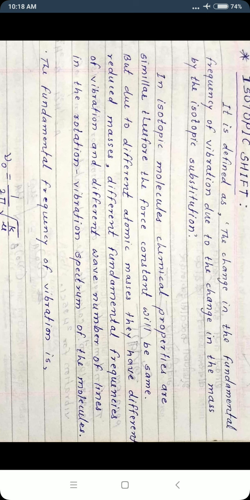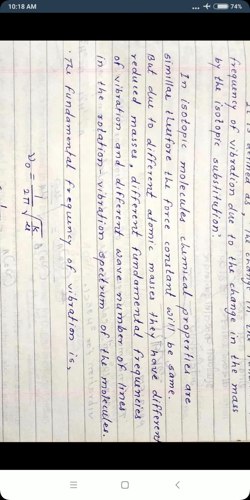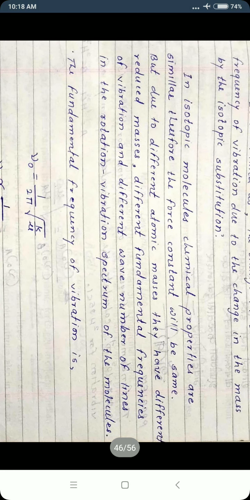Then we know that the vibrational fundamental frequency and atomic masses are related by the equation ν0 = 1/2π √(k/μ), where μ is the reduced mass, which depends on the atomic masses.